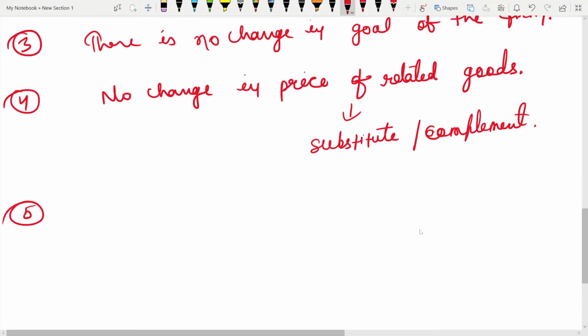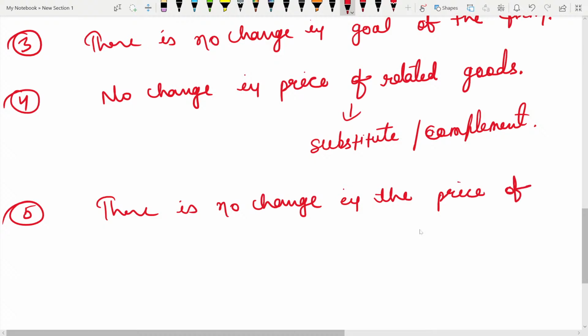Fifth, there is no change in the price of the commodity in the near future.